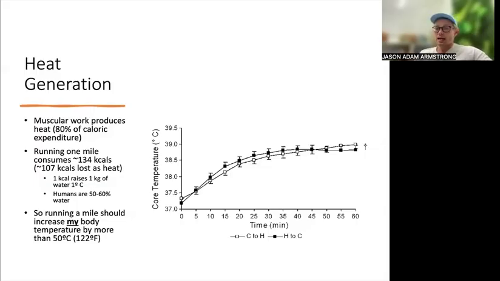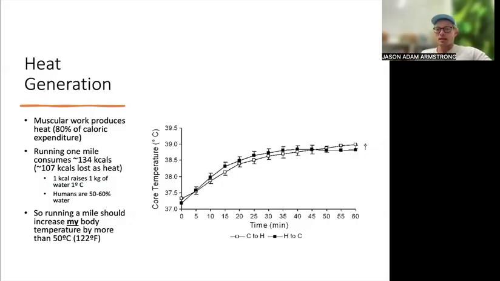And 1 calorie, or 1 kcal, the definition of it is that it raises 1 kilogram of water 1 degree Celsius. Okay, that's the definition of 1 kcal. Humans, we know, are 50 to 60% water.